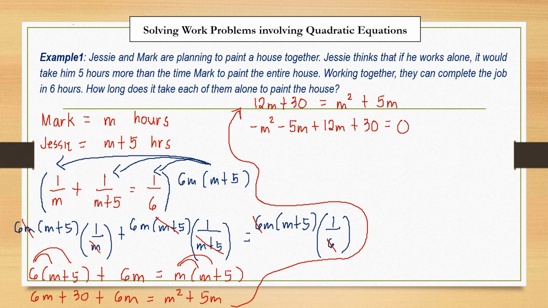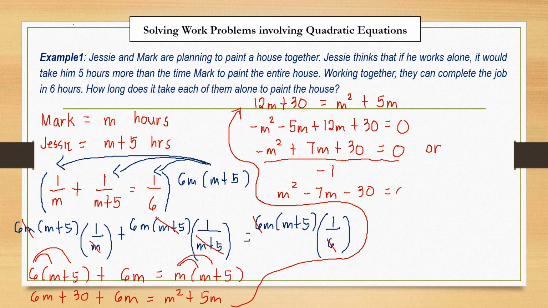Combining like terms, we have negative m squared plus 7m plus 30 is equal to 0. This equation is the same as, if we divide the entire equation by negative 1, we have m squared minus 7m minus 30 is equal to 0.